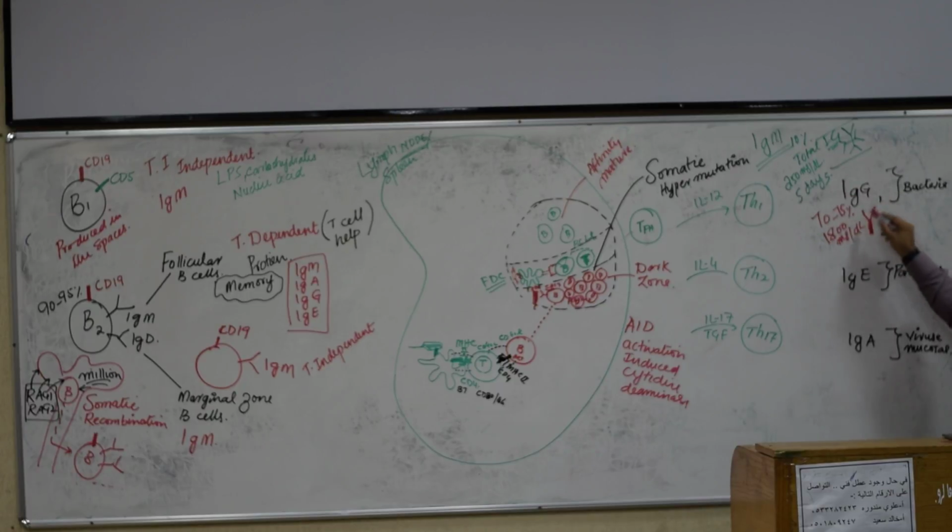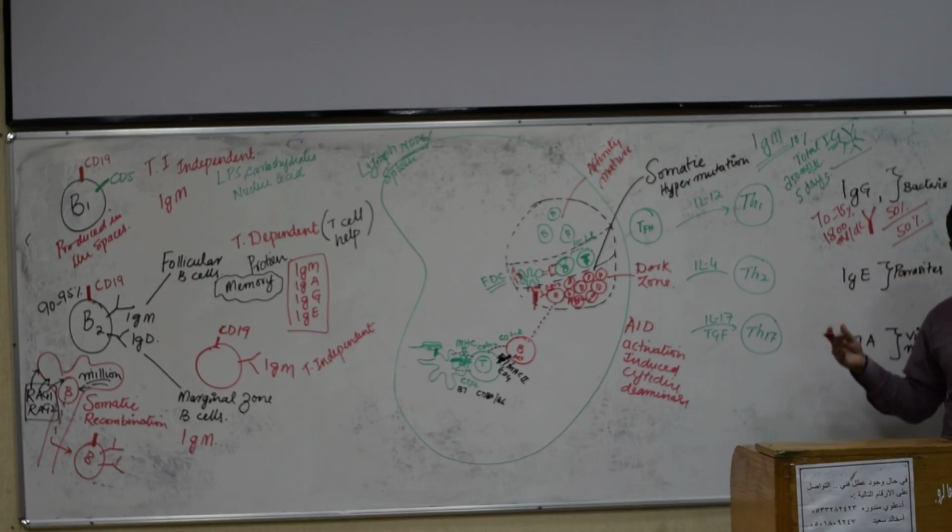Then it has a lot of functions. It can help in complement fixation, phagocytosis, opsonization, and neutralization of the pathogens as well. And because of its structure, it is 50% in the blood, 50% outside in the tissue. So it's equally distributed, and also it is capable of being transferred from the mother to the baby. So it can cross the placenta and provide protection to the baby.